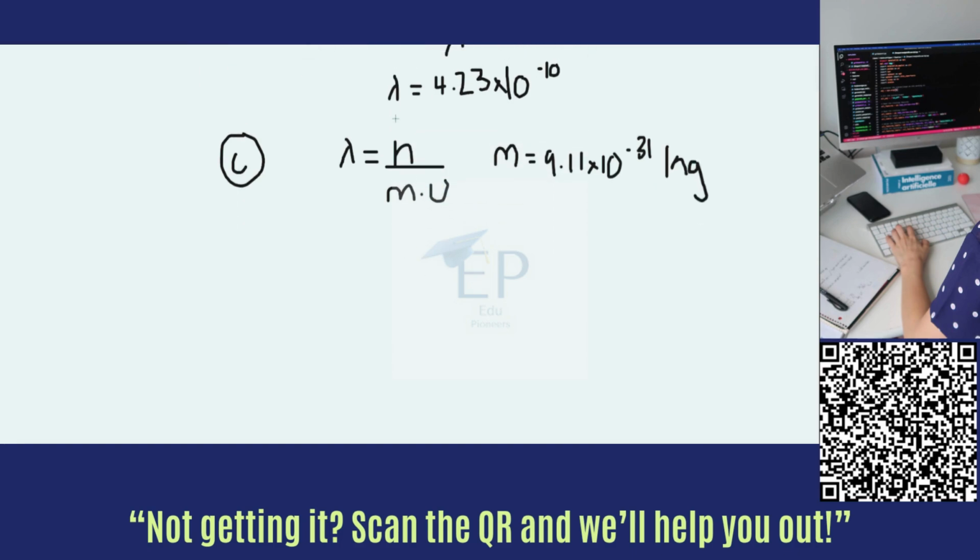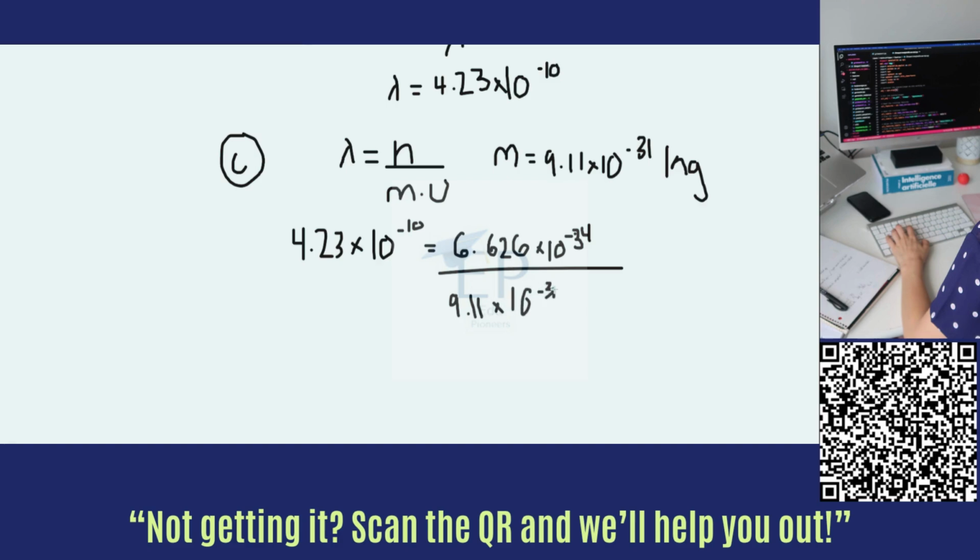And so since we solved for wavelength up here, all we have to do is plug in what we know. So 4.23 times 10 to the negative 10th equals Planck's constant, 6.626 times 10 to the negative 34th divided by the mass of an electron, 9.11 times 10 to the negative 31st times V, which is what we're solving for.